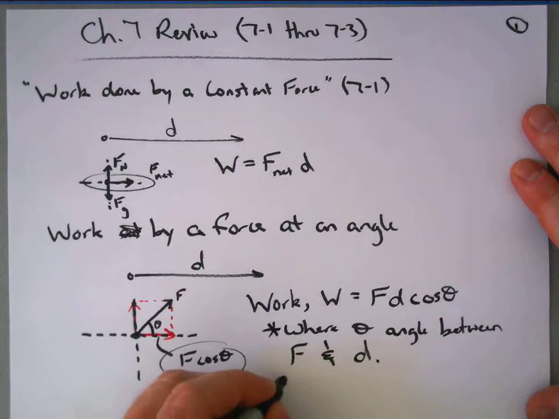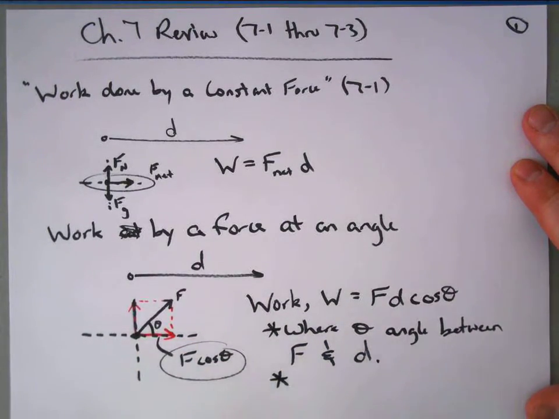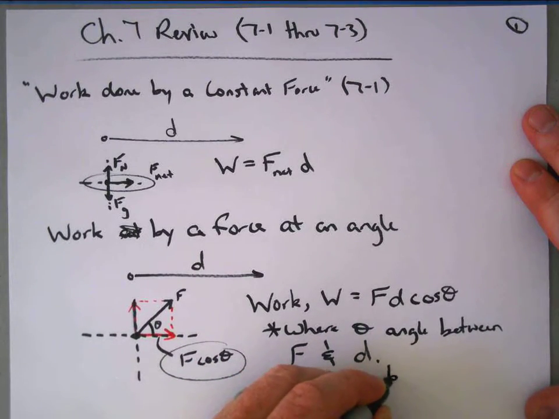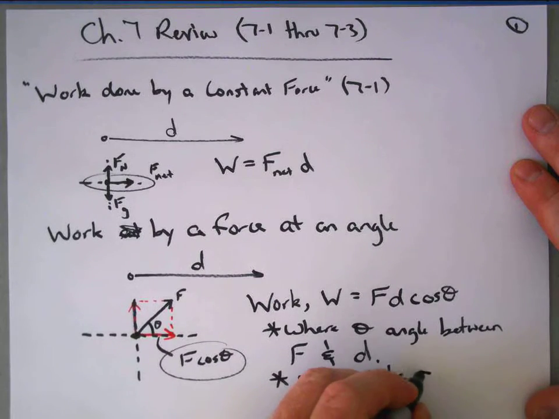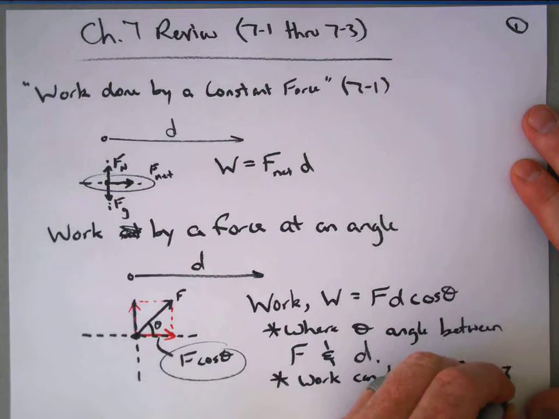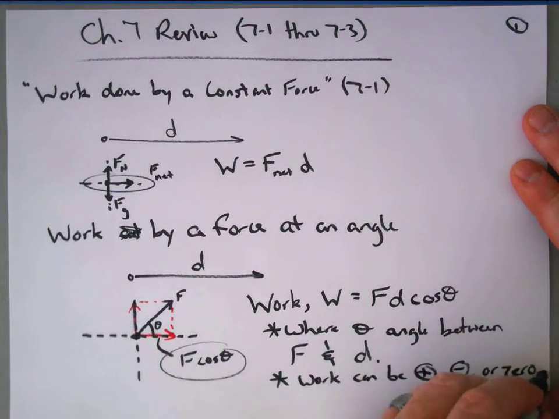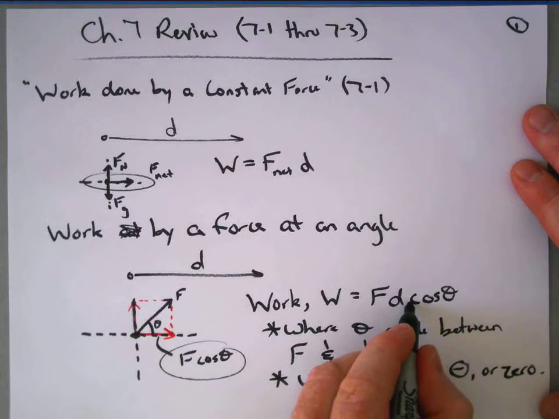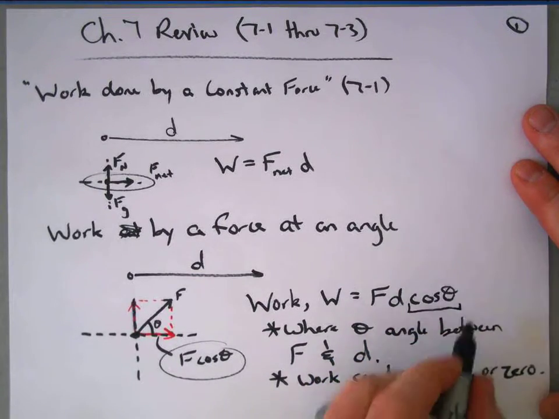There's another point, a quick summary of what this means in terms of this angle. The work done by a particular force can be positive, it can be negative, or it can be zero, and that depends on the value of the cosine of that angle.